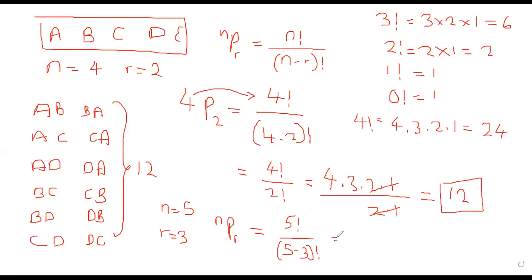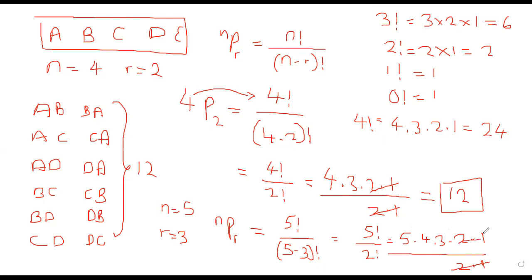So here we're going to have 5 factorial divided by 2 factorial. So what are we going to have here? 5 times 4 times 3 times 2 times 1 on top, and down, 2 times 1.